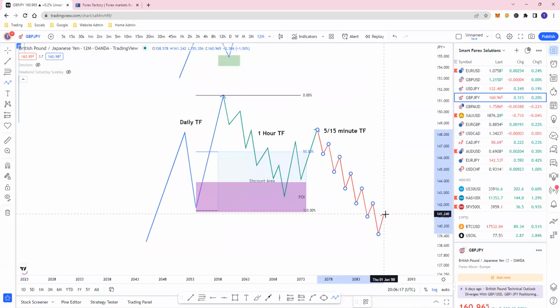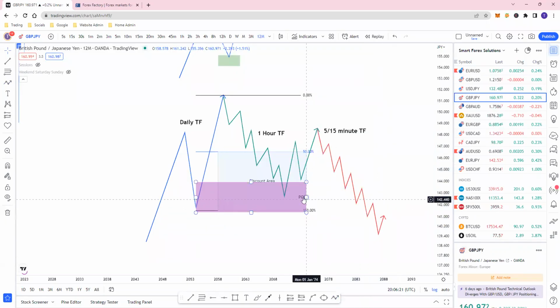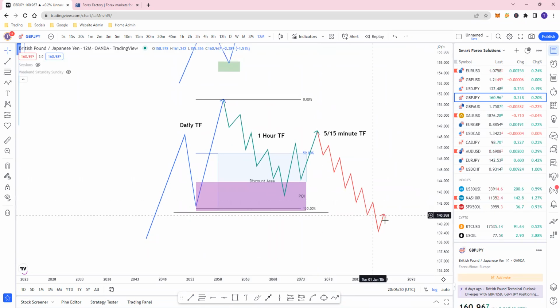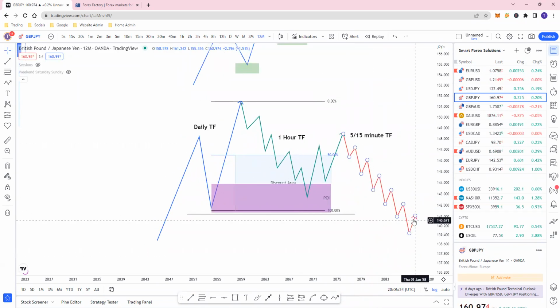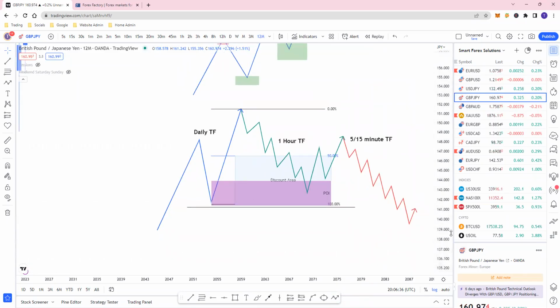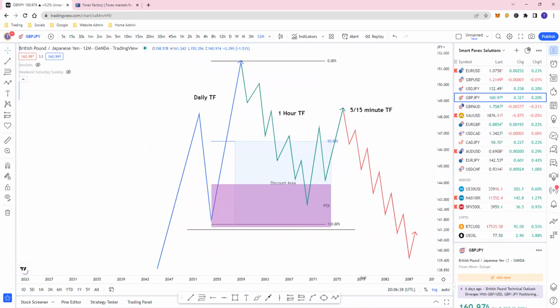So we're not going to be intending to get in. But what happens when we get in here and we've swept under this low here? What we can then do is anticipate moves to the upside for a long-term sell. So, for example, if I just make that bigger there.